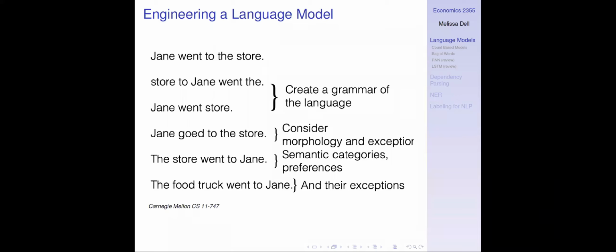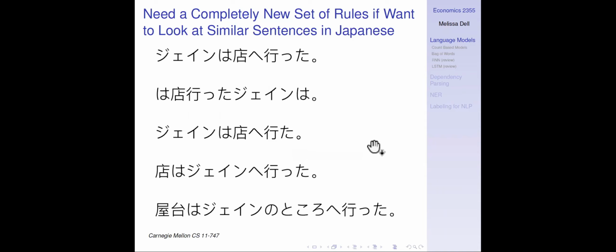And so we'd also need to hand-engineer rules for semantic meaning and exceptions. You can see that this is just going to be an impossible task. At least for a general model, there's just no way you can write rules that encode all the complexity of the English language. And of course, we don't just care about English.